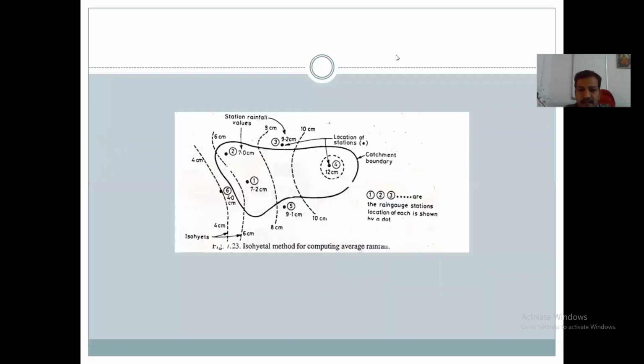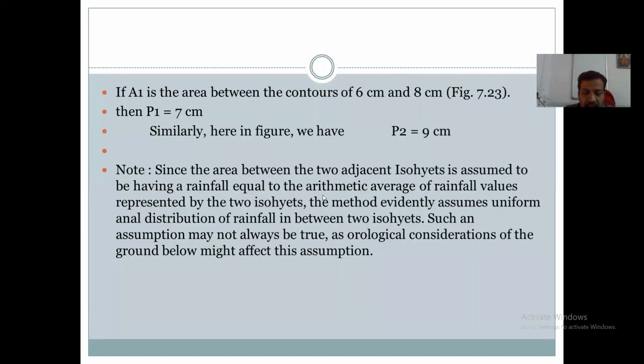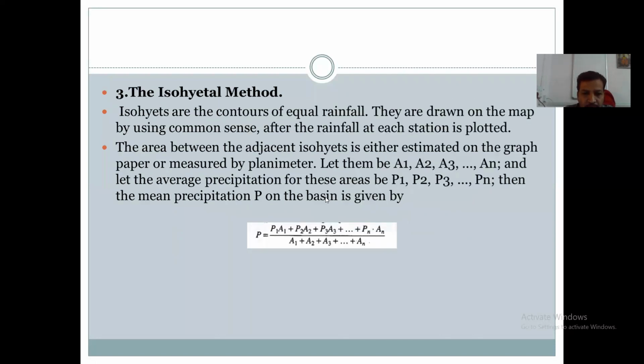So the names are given to each of the areas, A1, A2, A3 up to An, for the number of areas enclosed by these isohyets. The area is calculated with the help of a planimeter, mechanical or digital, or on graph paper, and after knowing the areas, the values are kept in this formula.